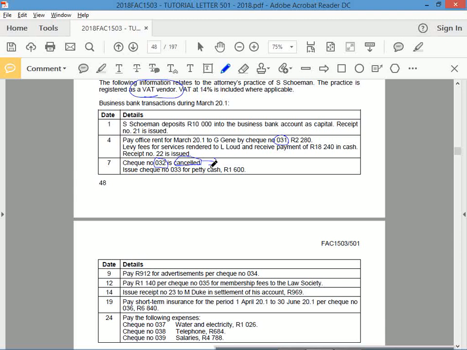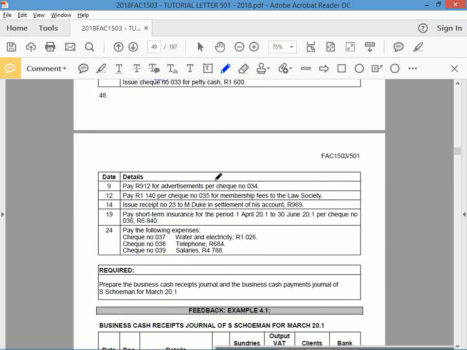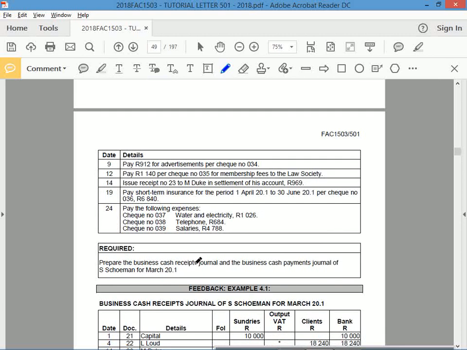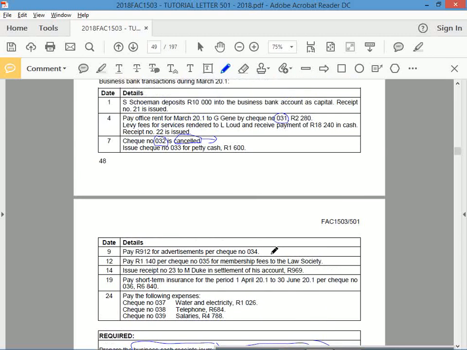So it's probably just a longer exercise that they've pulled something out of. Even the instructions only wanted the business, CRJ and CPJ. So depending on whether the transactions were all CRJ or CPJ, some might not have been recorded. If there were any credit transactions here, they wouldn't have been recorded; credit transactions would have gone to the credit journals.